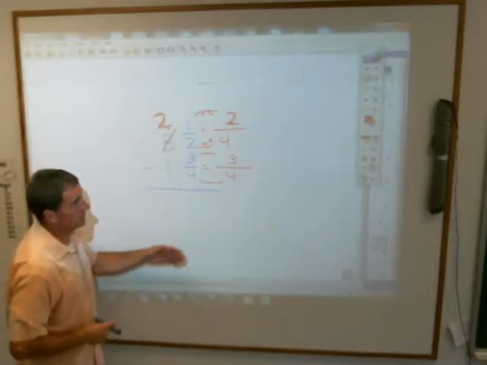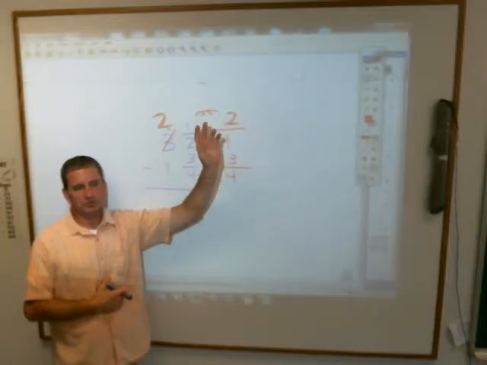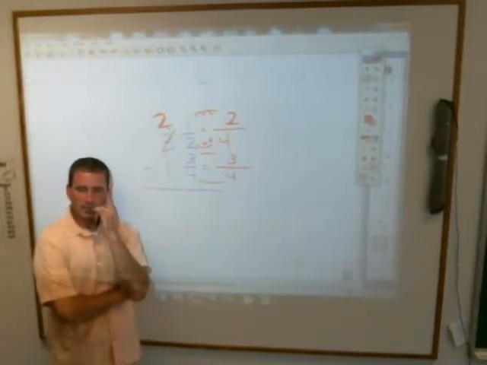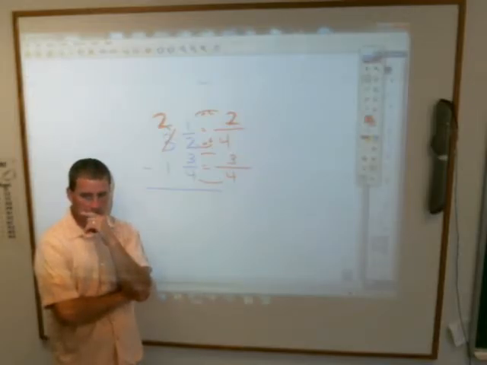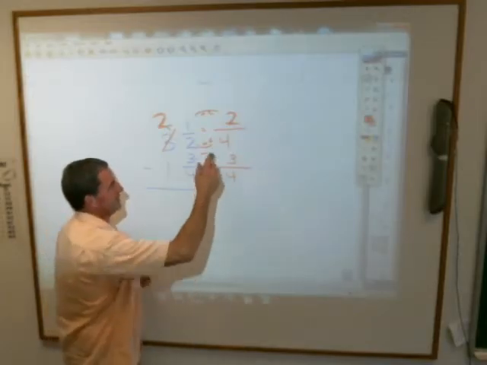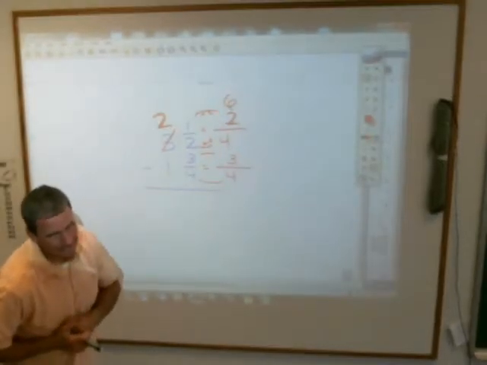Normally in other numbers you just add 10 to that, but that's not the case with fractions. Somebody want to help me out with this, and then explain why? What do I do? Add 4 plus 2. I add these two numbers together to get my new top number. Can somebody tell me why?